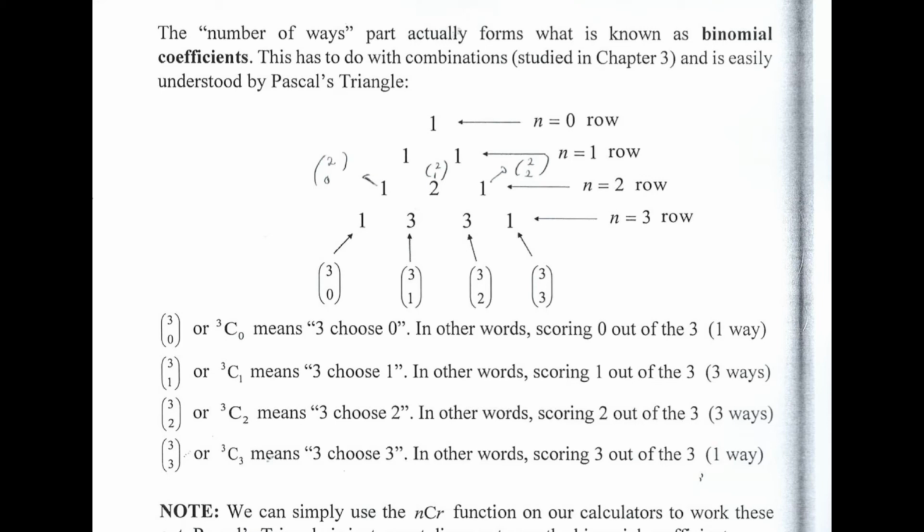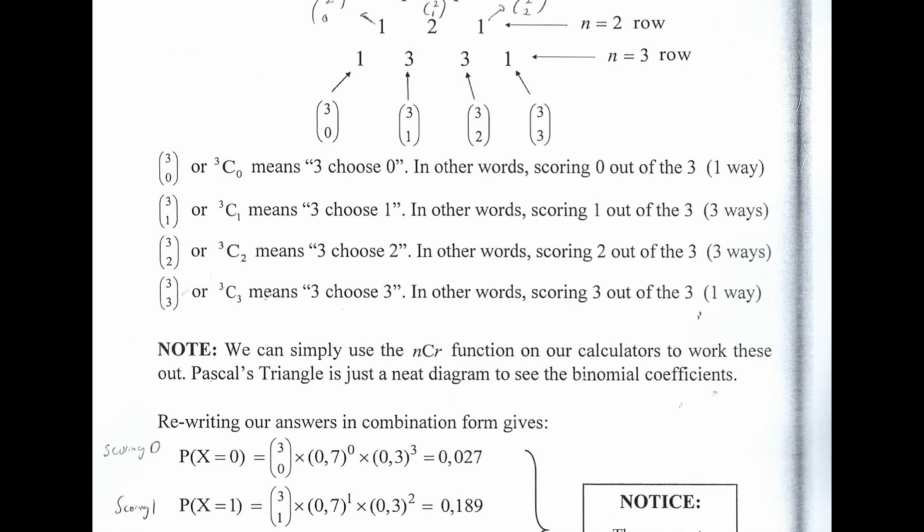All right, so how do you put this onto your calculator? To put that on your calculator, you're looking for the nCr button. Now the nCr button is just above the divide key on your calculator, so it's a shift button.